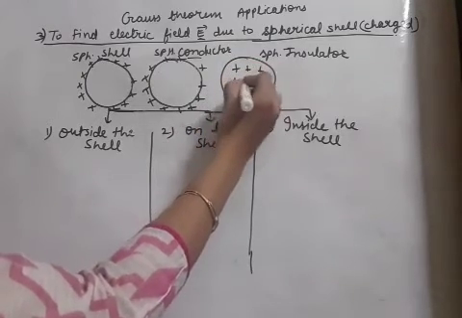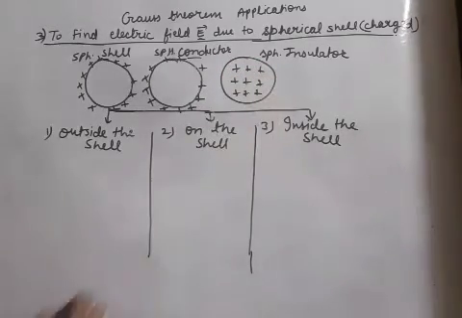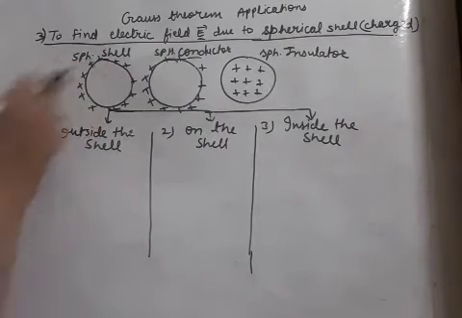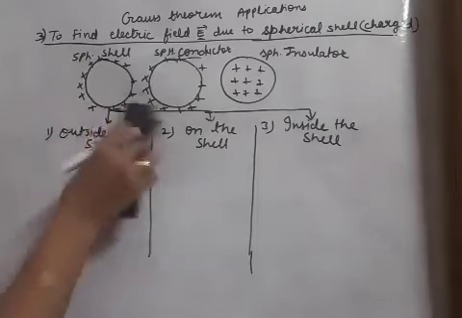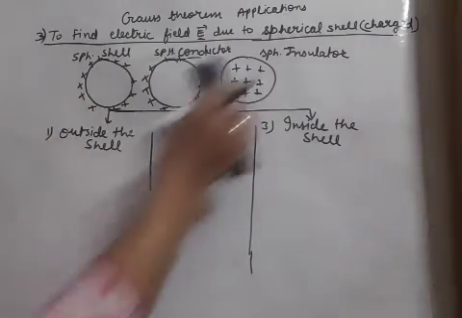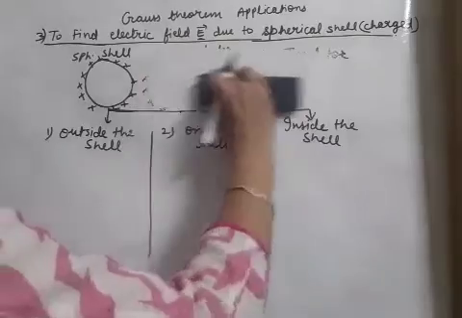Charge cannot move now, so charge will remain in the whole body of the sphere. So these are the differences among the three cases. Now in our syllabus we have to complete only the spherical shell, so we will be now focusing our derivation for the shell only. So these two things I am removing.